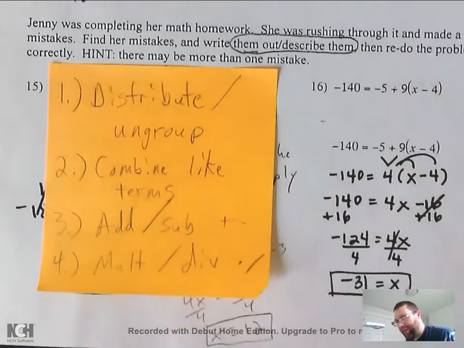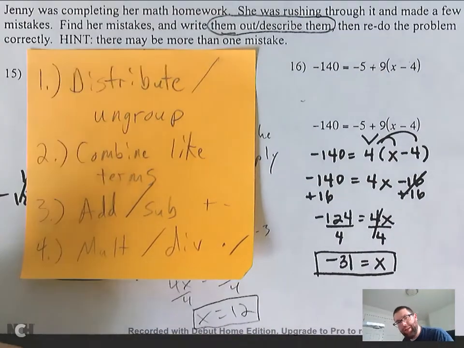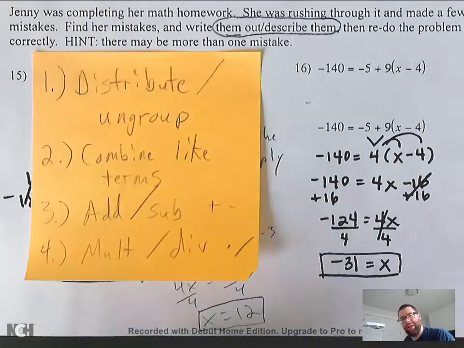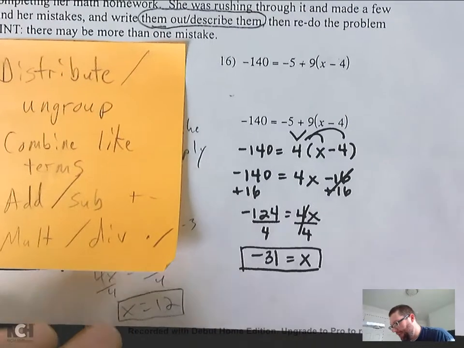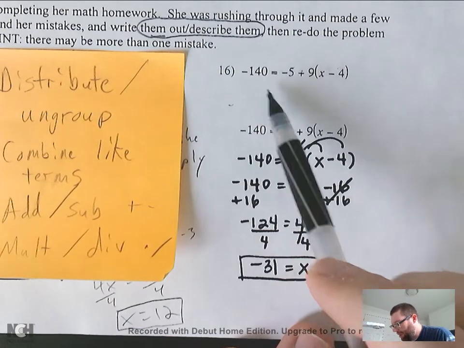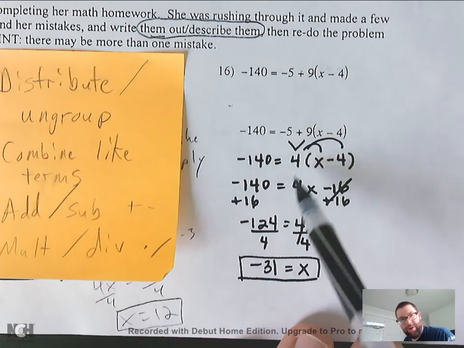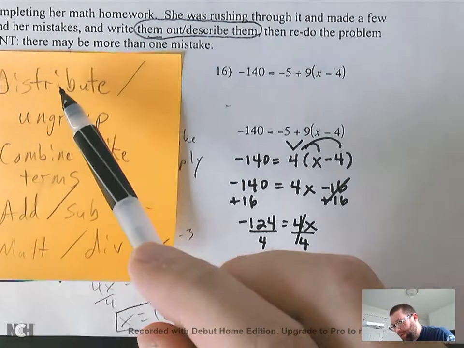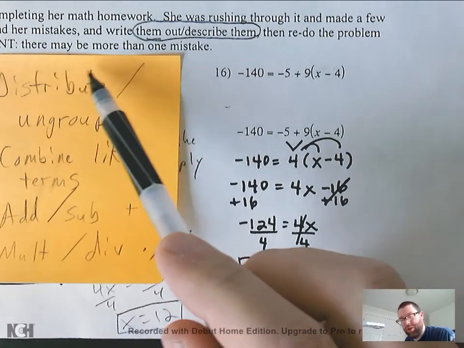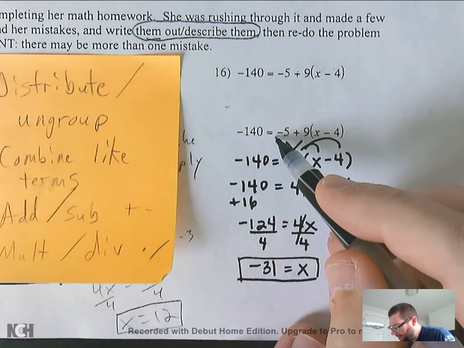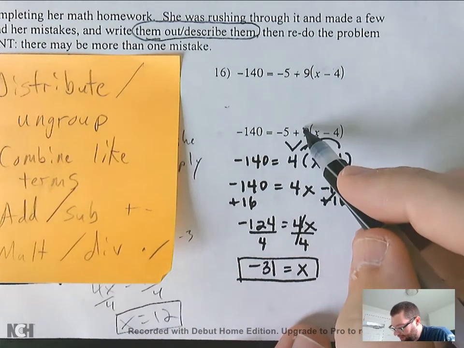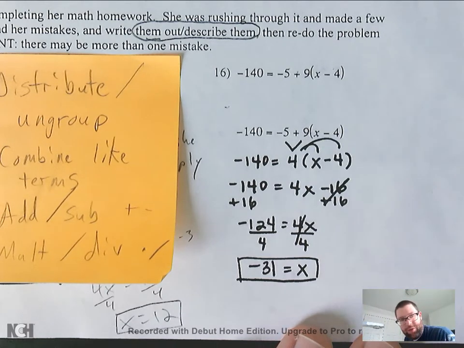And again, these mistakes are usually going to be from not following this list of steps. So looking at the next one, she combined like terms first in front of the parenthesis, right? But what should she have done first? She should have distributed, because that -5 is technically not a like term with 9, because 9 is multiplying with these two numbers.